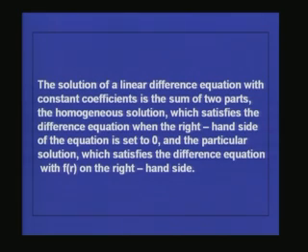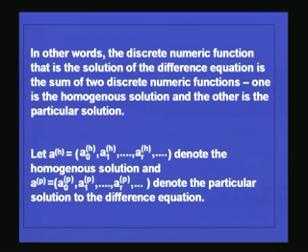The homogeneous solution is obtained when you set the right hand side to 0, and the particular solution is when you set the right hand side to f(r). In other words, the discrete numeric function that is the solution of the difference equation is the sum of two discrete numeric functions: one is the homogeneous solution and the other is the particular solution.